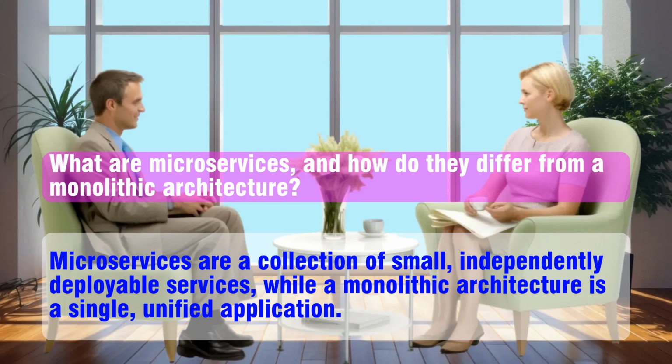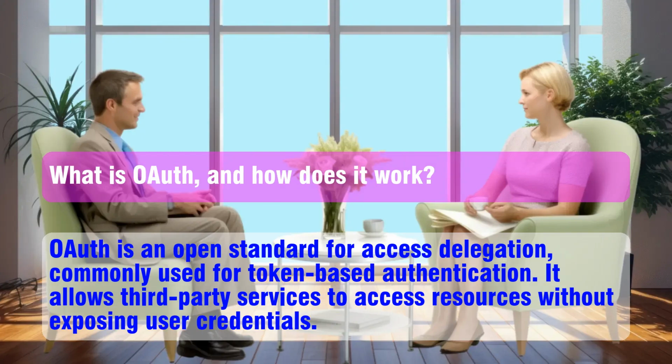Microservices are a collection of small, independently deployable services, while a monolithic architecture is a single, unified application. What is OAuth, and how does it work? OAuth is an open standard for access delegation, commonly used for token-based authentication. It allows third-party services to access resources without exposing user credentials.